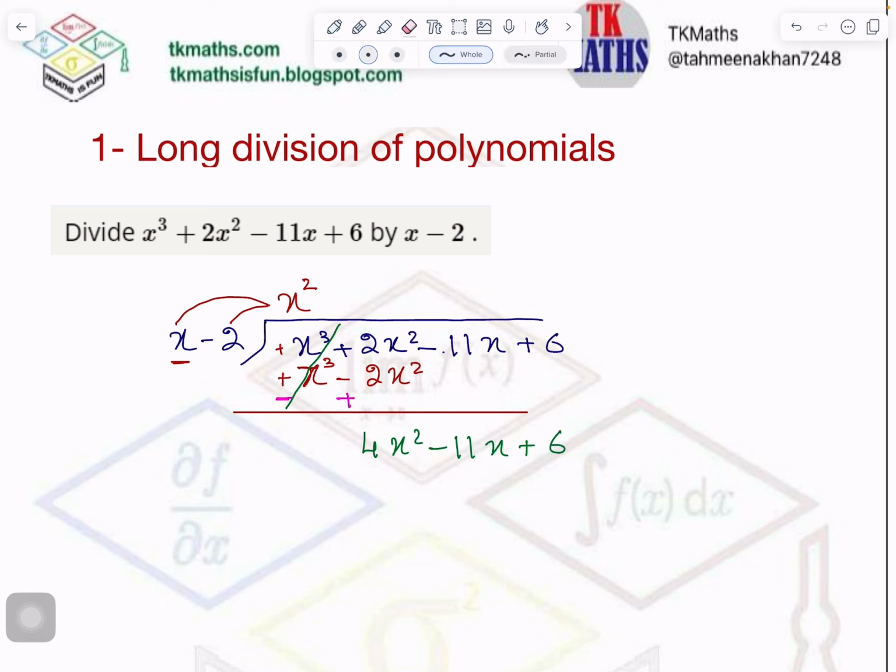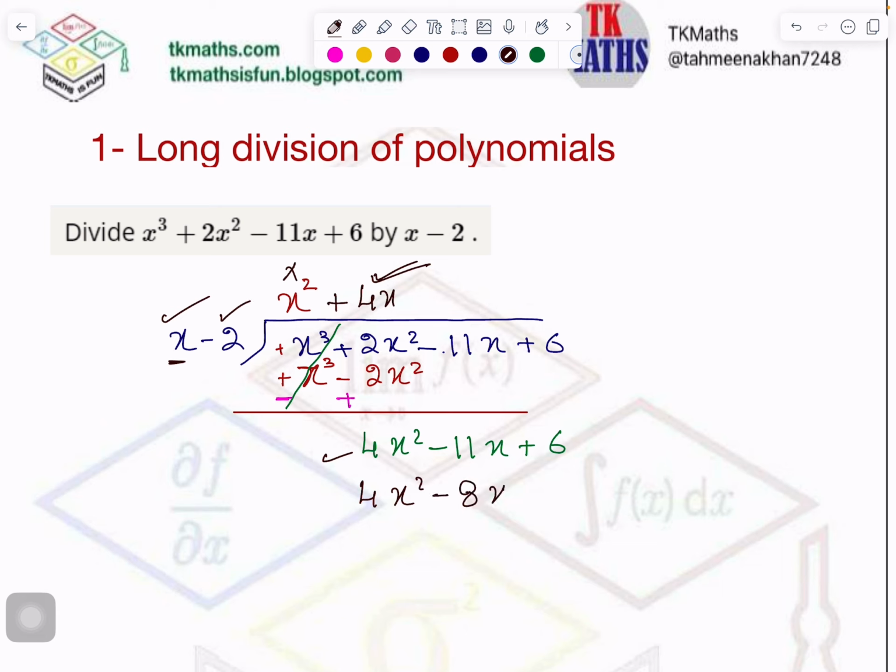Now after this, I will multiply x by some number again. Forget about this term, don't look at it anymore. Now you want 4x squared, so x multiplied by 4x will give you 4x squared, agreed? Because this 4x multiplied by this x is 4x squared. Now this 4x will multiply by minus 2, it will be minus 8x.